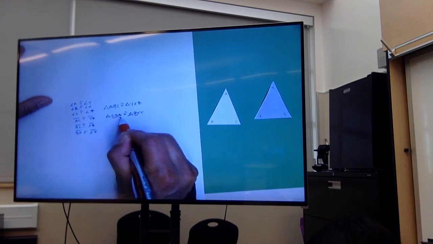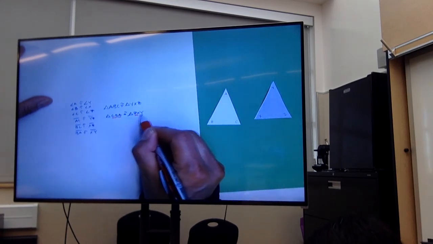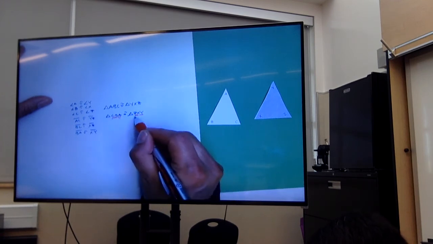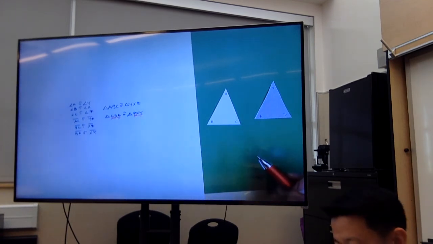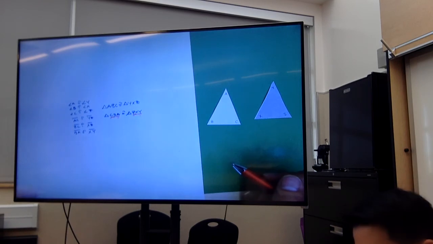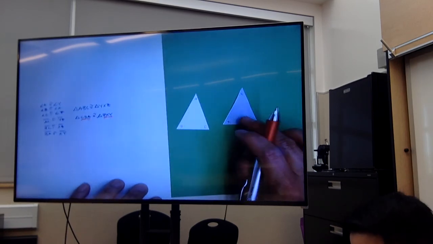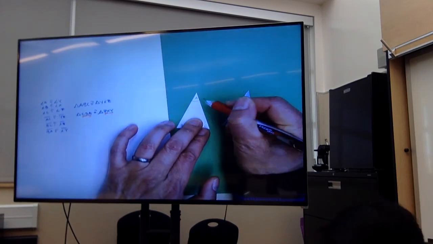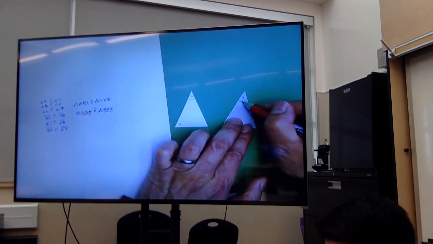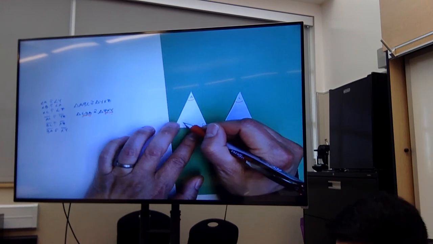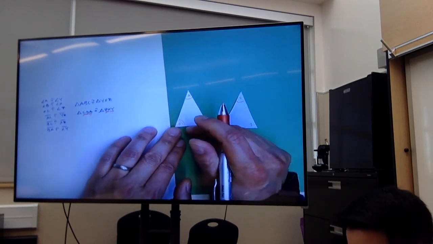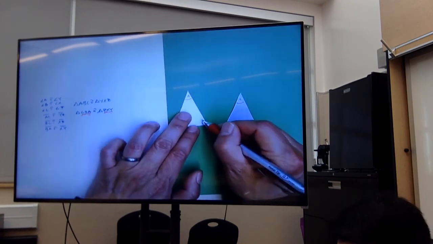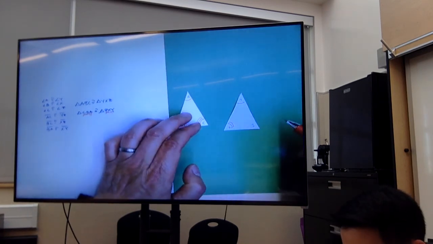And in the same way, BA matches XY, and CA matches ZY. So those are all in order. Another thing that can help you is to go ahead and make congruence marks. So we know that angle A matches with angle Y. Angle B, let's make two congruence marks there, matches with angle X. And angle C matches with angle Z.